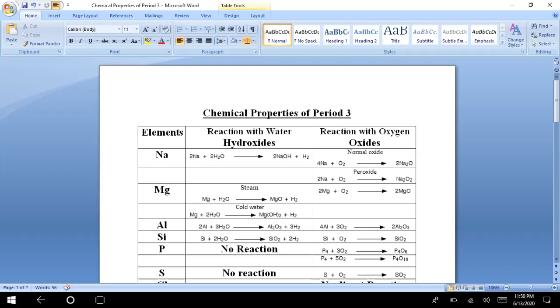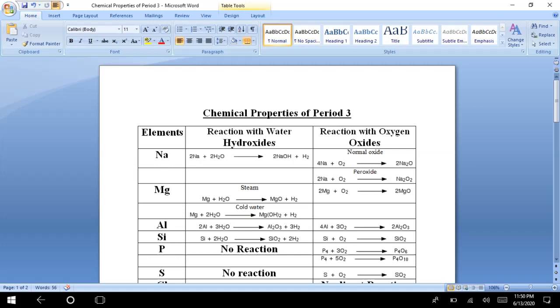But as you know, ionization energy increases as you move from left to right in a period. So phosphorus and sulfur have ionization energy greater than all other elements, much greater than that of sodium, magnesium and aluminium. So they don't react with water.